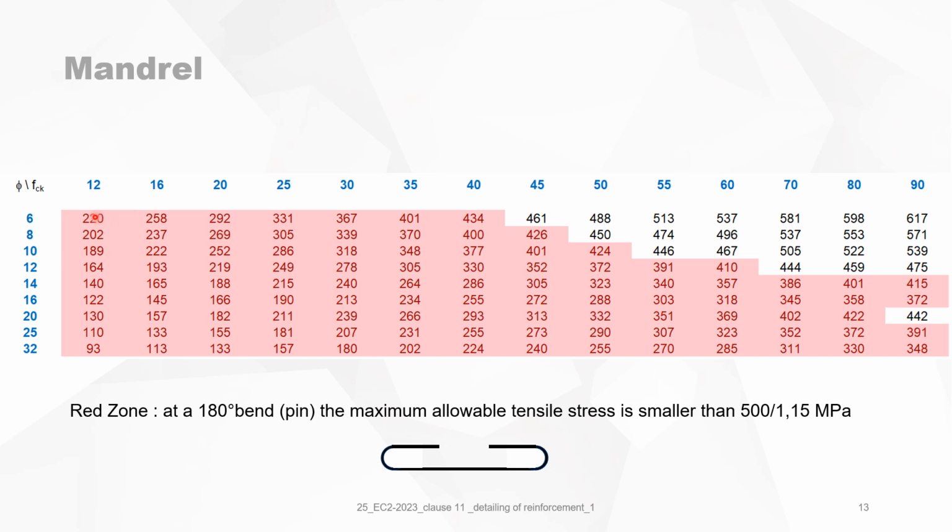So again, we can visualize it in a table, and you see again that the red zone, it's at the bend of 180 degrees. The maximum allowable tensile stress is smaller than 435 megapascal, which is a complete range.